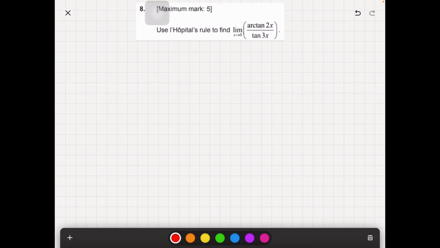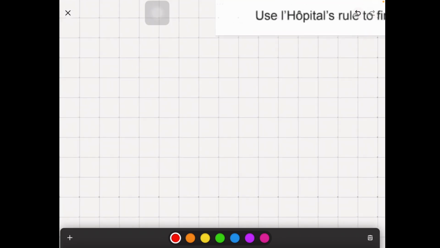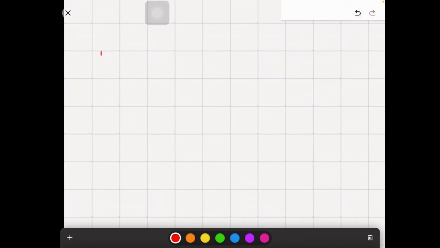You can make the same argument for the bottom: the tangent of 0 is equal to 0.